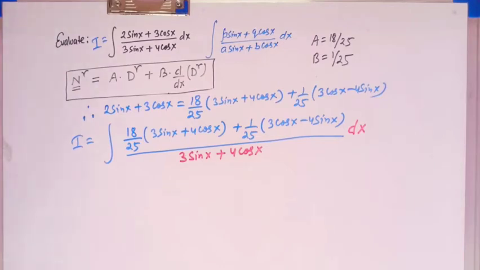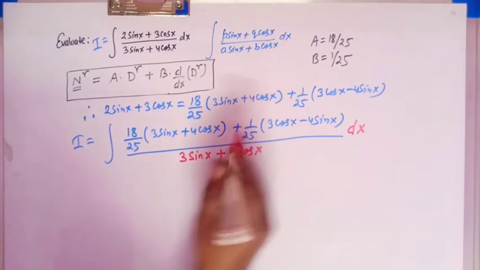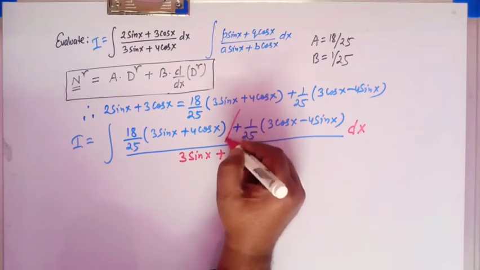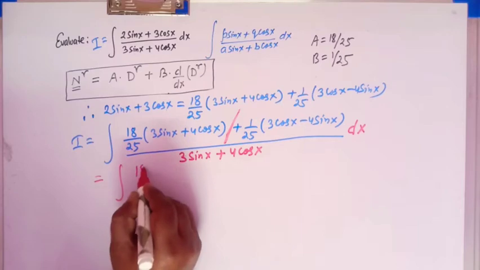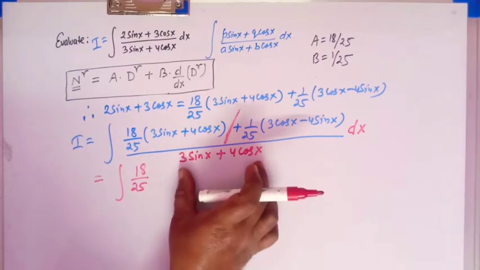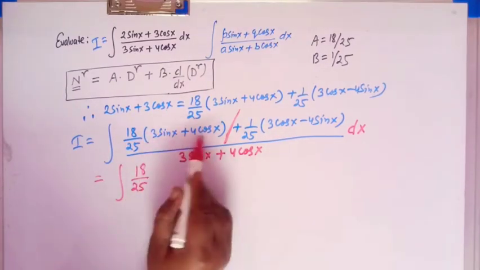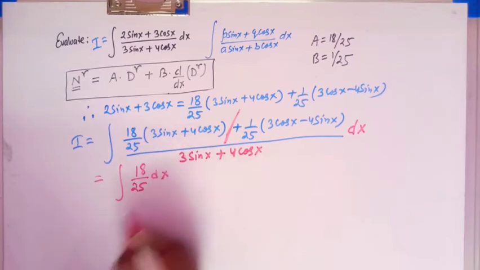In the next step, we separate this integral. We can write 18 over 25, and when this term is placed in the denominator, these two get cancelled, so we have simply dx.